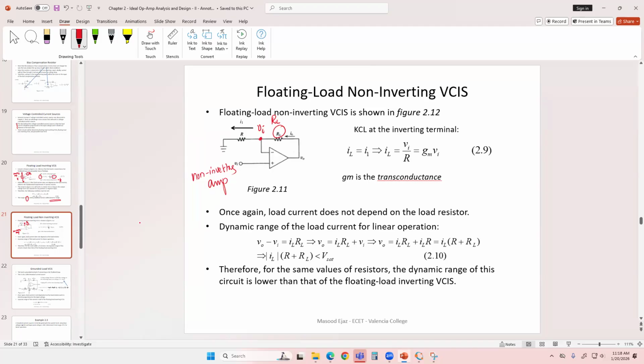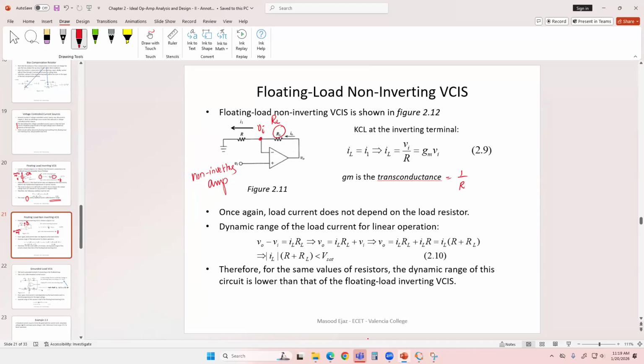So the load current is equal to this current II, and the load current is going to be equal to VI over R using Ohm's law. And once again, we assume 1 over R is equal to Gm, which is the transconductance. So load current is again equal to Gm times Vi.